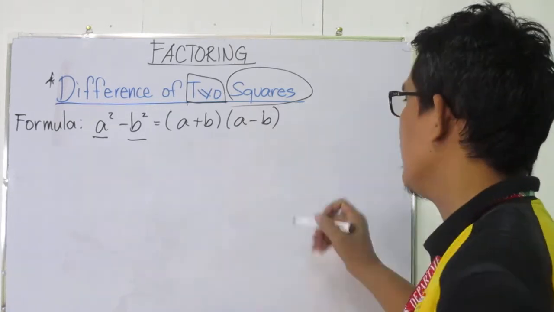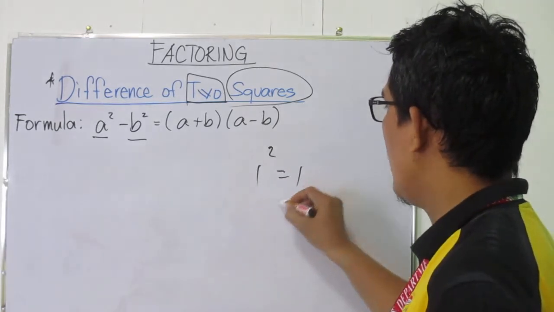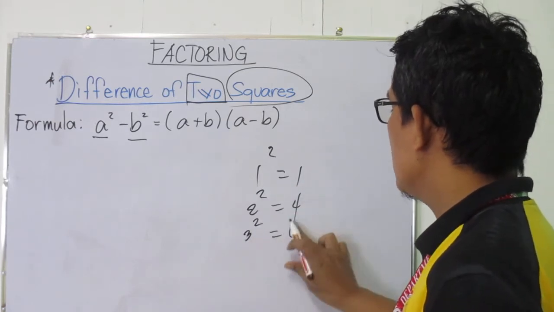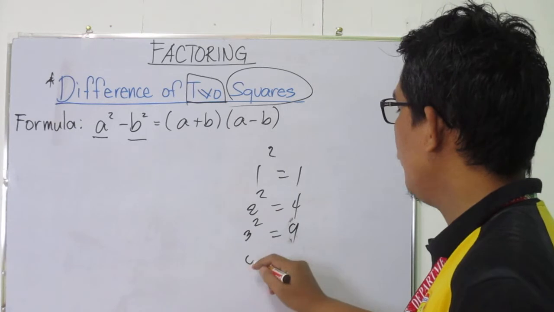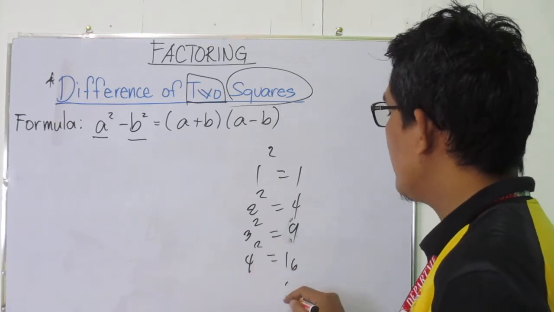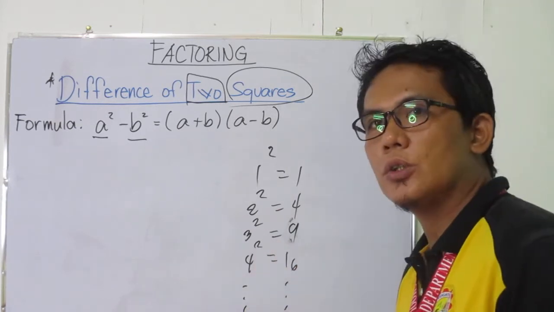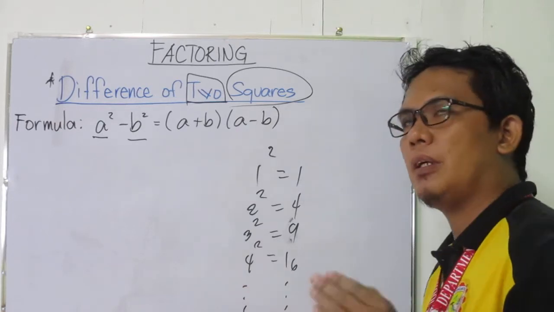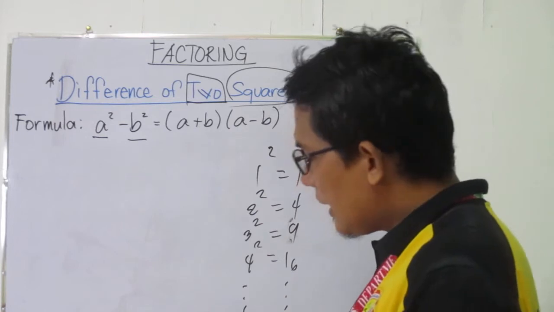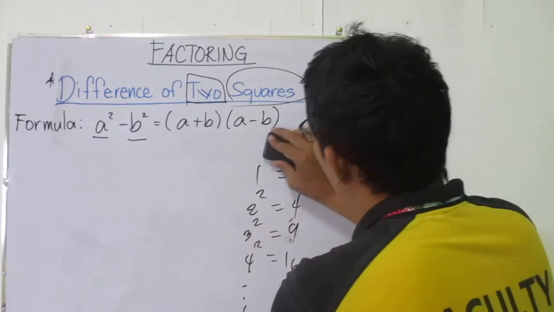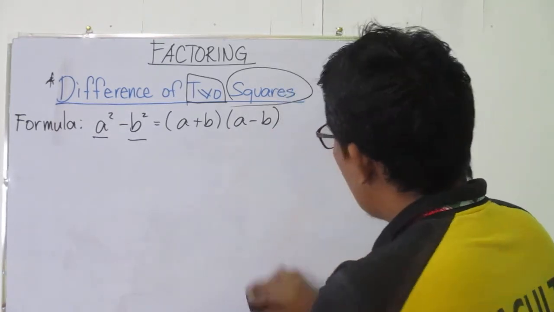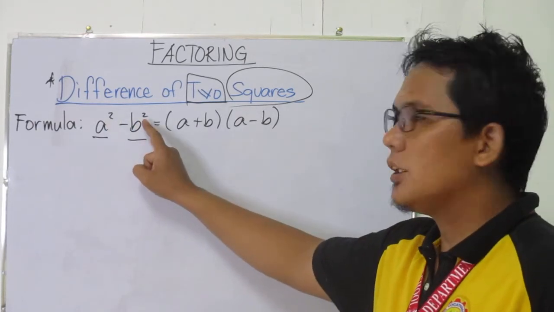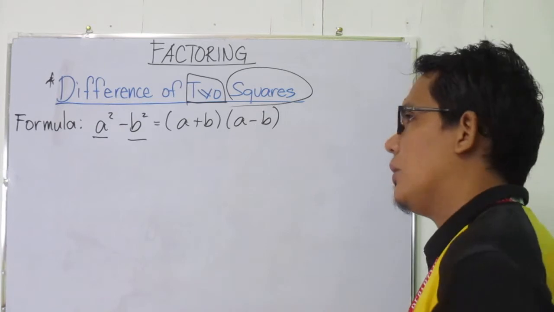That means 1 squared is 1, 2 squared is 4, 3 squared is 9, 4 squared is 16, and so on. Those are the numbers that are multiplied by themselves, and the product is a perfect square number. And with regards to our variables, the exponent should be a multiple of 2. So it will start with 2, 4, 6, 8, and so on.